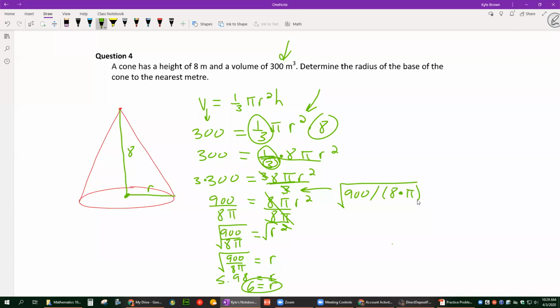Yeah, Mr. Brown, I got 353. So then you just square root that number, right? Yeah, see what you get when you square root that number. It'll probably be a little high. I did it. Did you get the right answer? Yeah. Nice.